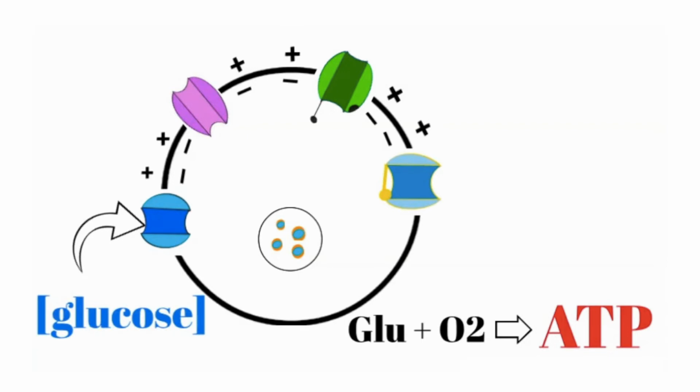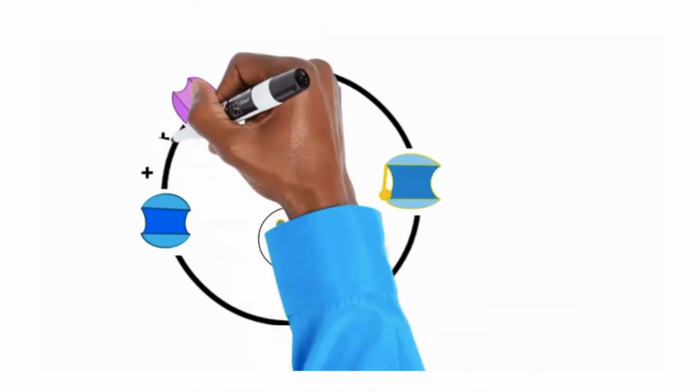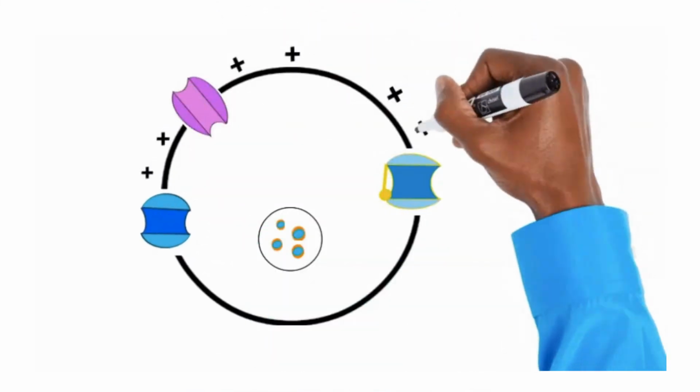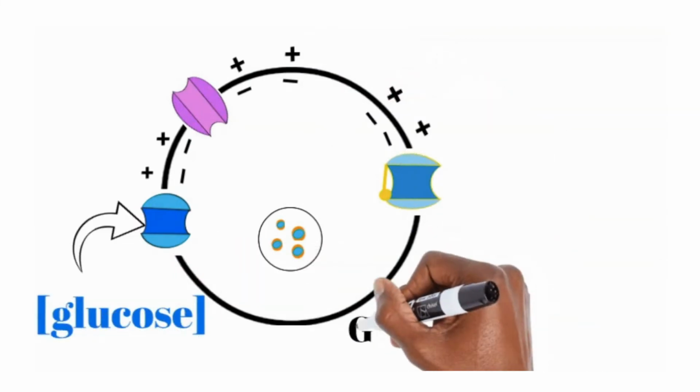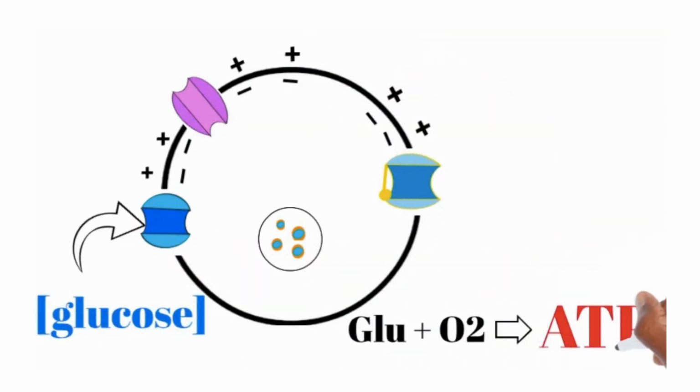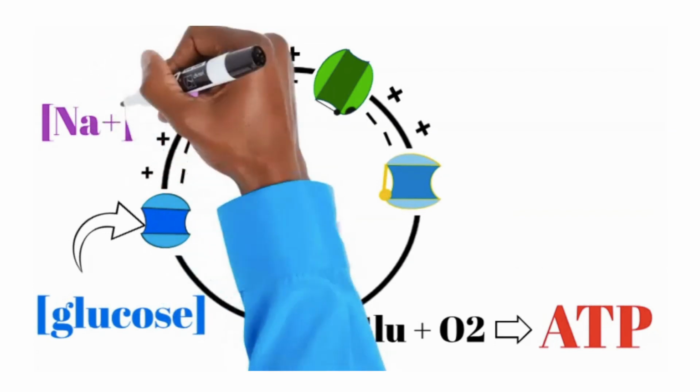There's going to be a lot more ATP, which is going to cause ATP to diffuse across the cell and bind to that potassium ATPase channel. And as we talked about, when ATP binds to the potassium ATPase channel, what is it going to do to that channel? And if you said close the channel, you are absolutely correct.